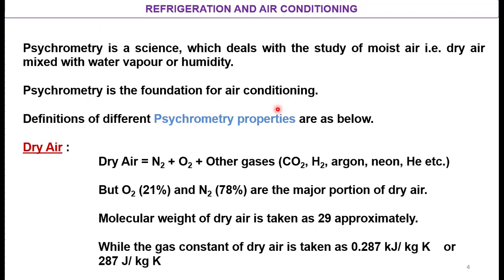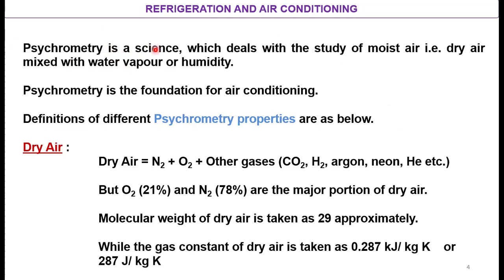Now we'll start with the first part of this unit number 4, that is known as psychrometry. Okay, so I hope that if you are having a notebook with you, you should just write down this term psychrometry. What is the definition of psychrometry?